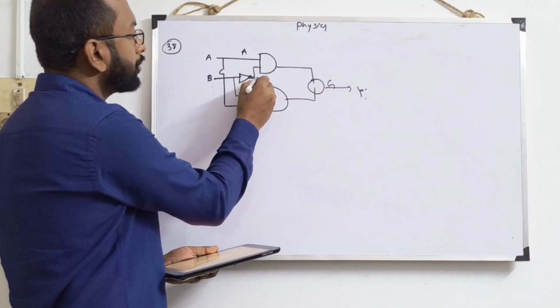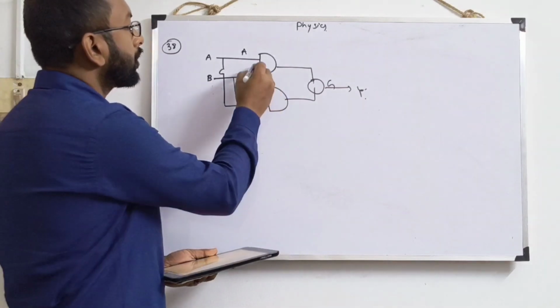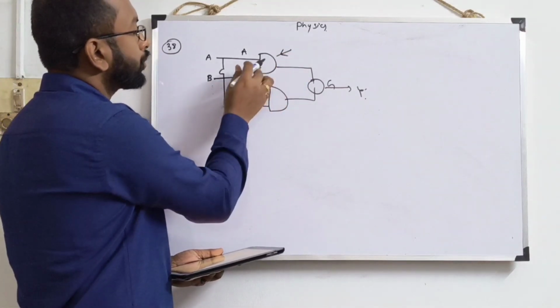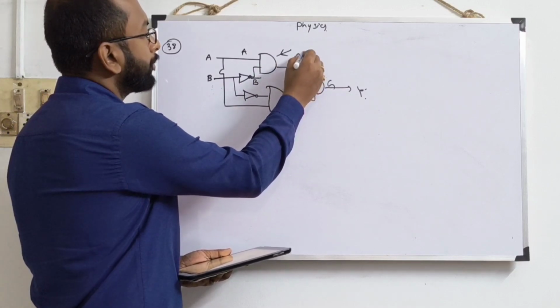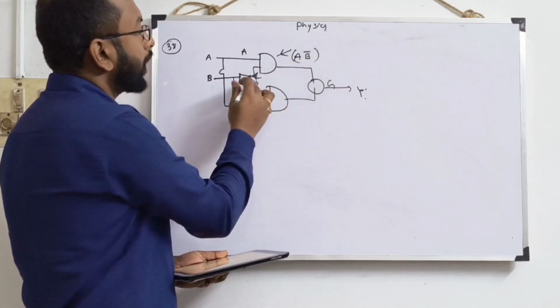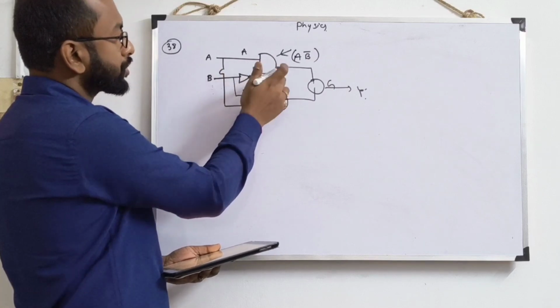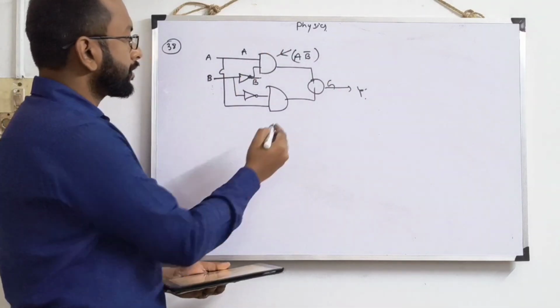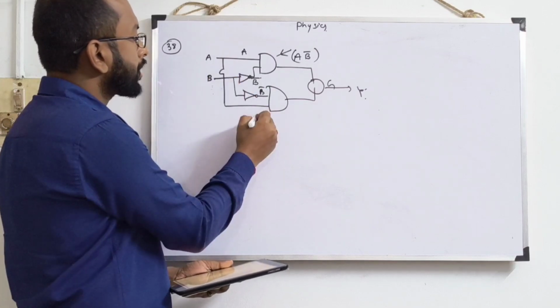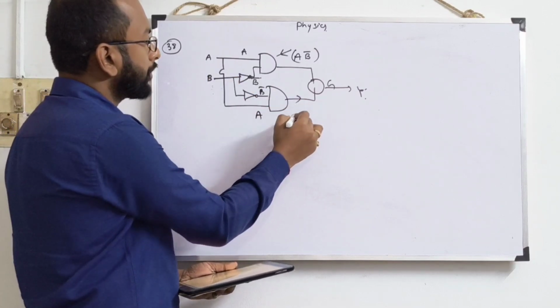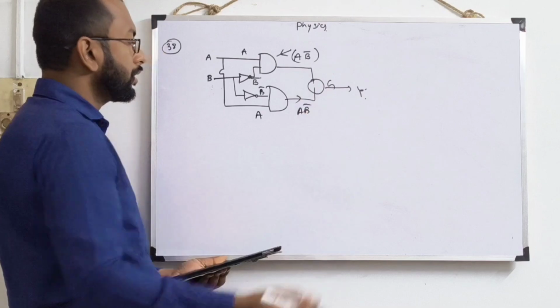B will be changed to B bar. So the output after this gate will be A B bar, which is the AND gate. So A B bar is the output from the first circuit. So here also the same thing, B bar is coming here, A is coming here, so the final output from here is going to be A into B bar.